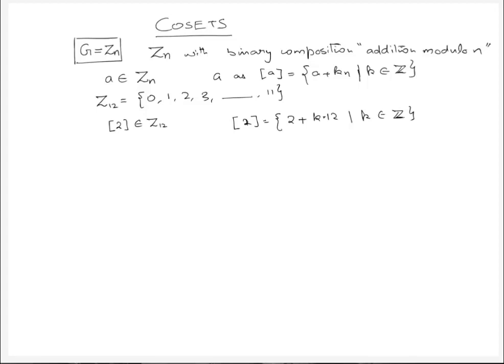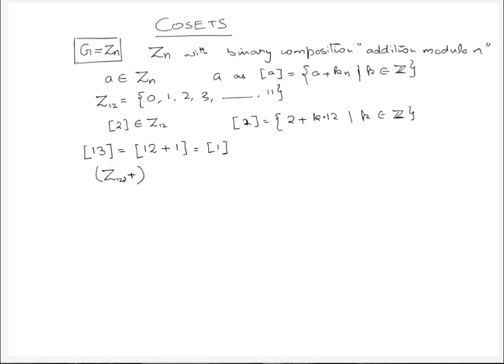For example, if we have 13, then [13] is written as, when 13 is divided by 12, that is 12 plus 1, equal to 1. So we define this Z12 with binary composition addition modulo.